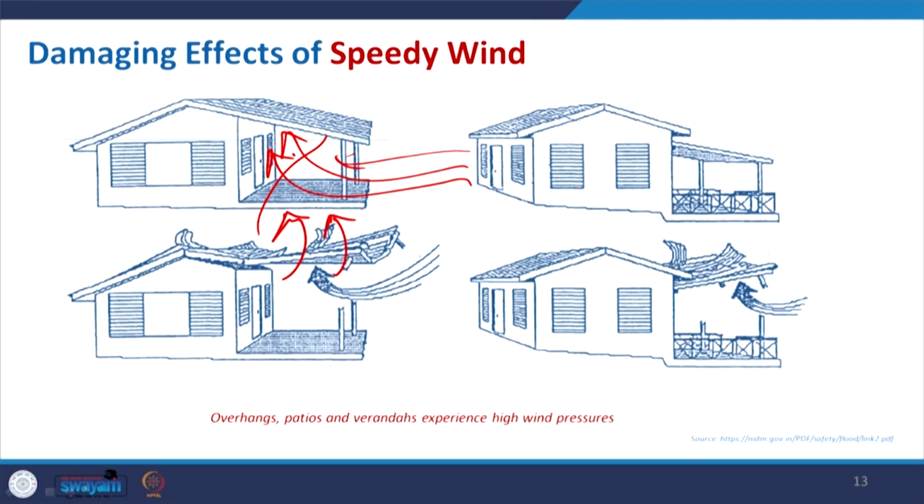At the same time, if we split the main roof and the other roof, which is separated and not properly anchored to the main structure with proper joists, that may also lead to the uplifting of the roof of this veranda. So, whenever we provide a projection, we have to take care of that. That is why overhangs, patios and verandas experience high wind pressure, because they are directly exposed to the wind, and because of this void it will create this pressure.